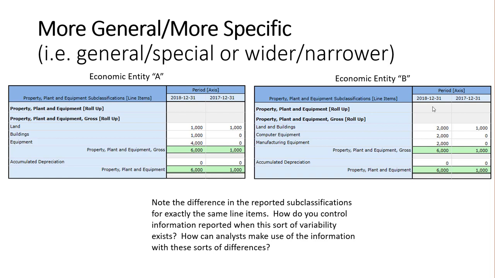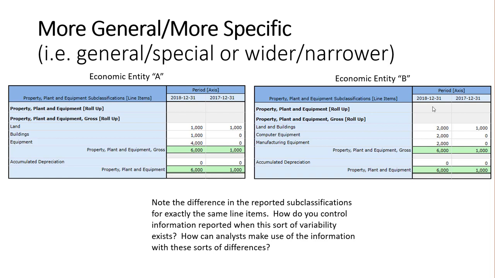On the left, you see one representation of a breakdown of property, plant, and equipment, the subclassifications of property, plant, and equipment. On the right, you see a different representation. Both of these are proper. They're both valid under, say, US GAAP or IFRS, but they're different.